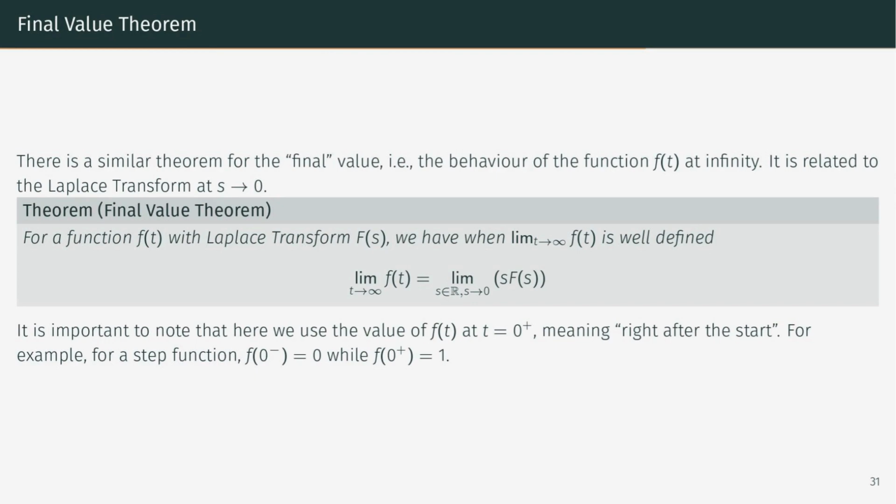The final value theorem states that for a function f(t) with Laplace transform F(s), when the limit as t goes to infinity of f(t) is well defined, then the limit as t goes to infinity of f(t) equals the limit as s goes to 0, for s in the real numbers, of sF(s). The same note applies here about 0 plus and 0 minus.